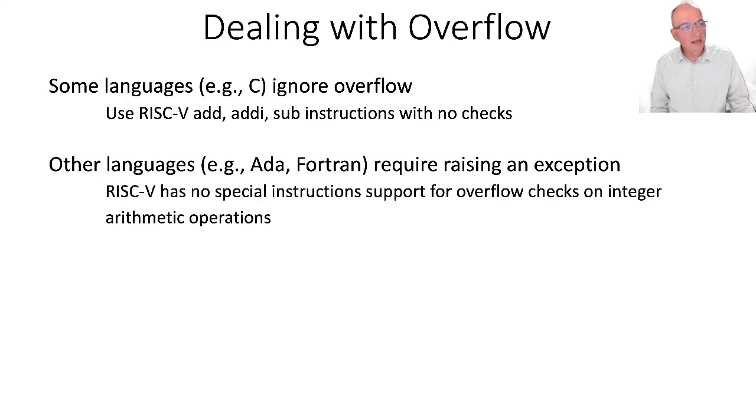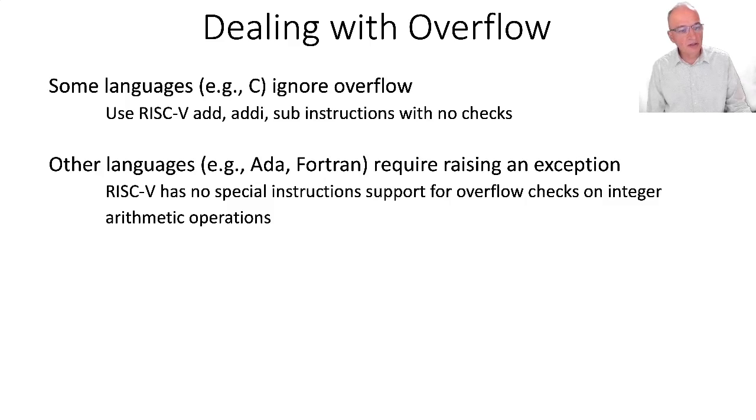In the MIPS architecture, we had instructions that would raise an exception if there was overflow. In RISC-V, we don't have that, and RISC-V has no special instruction support for overflow.